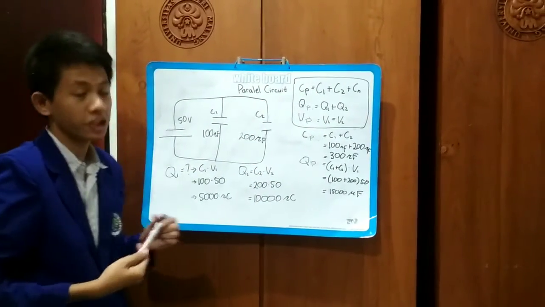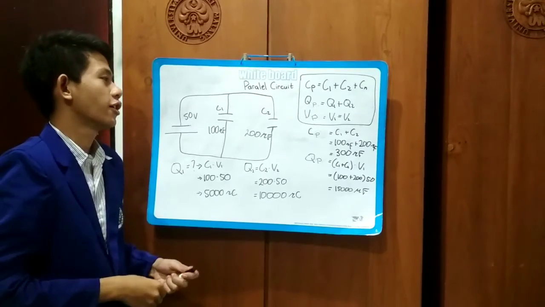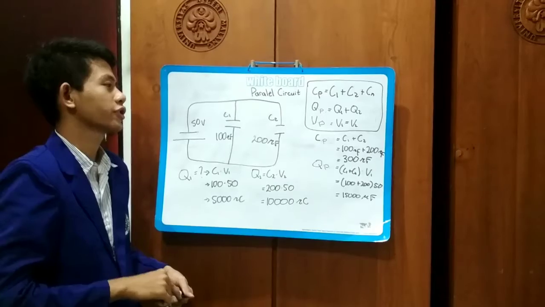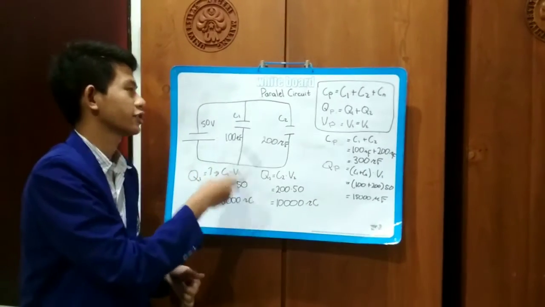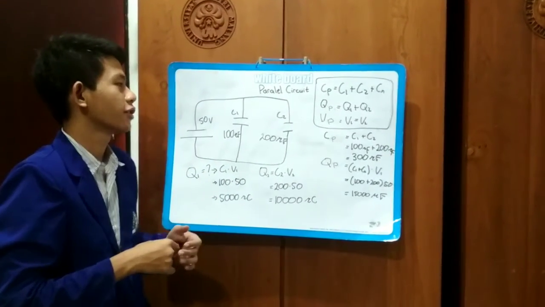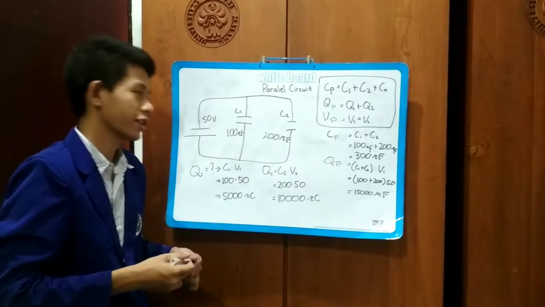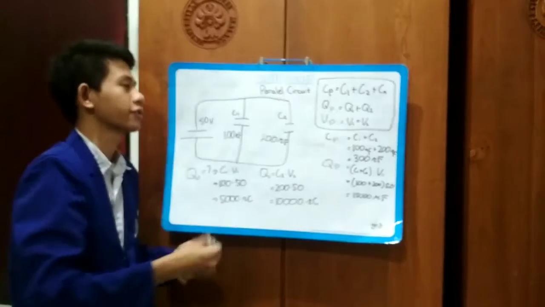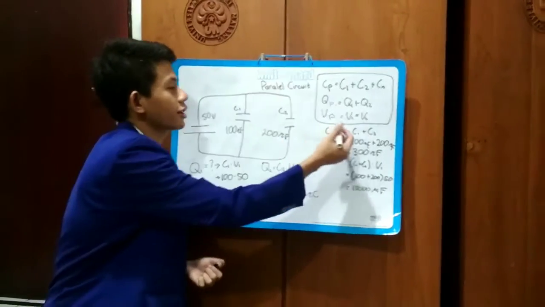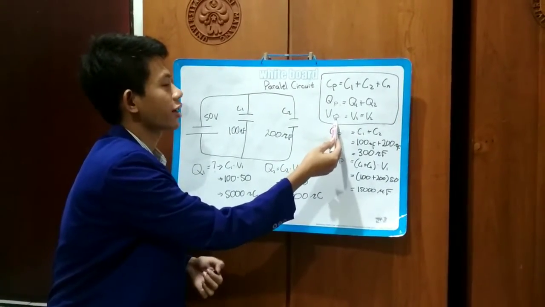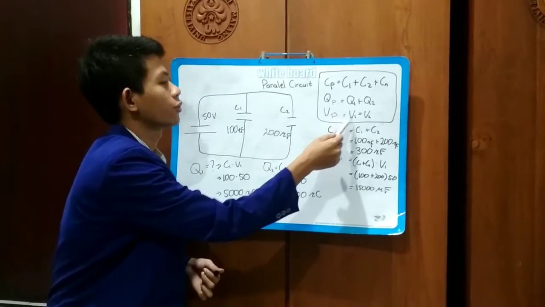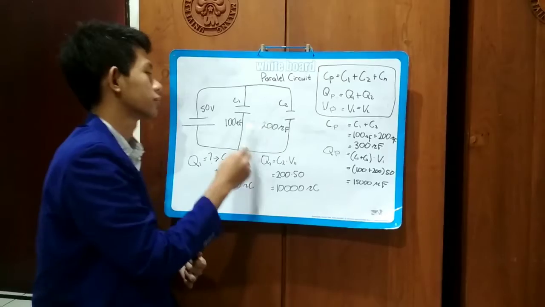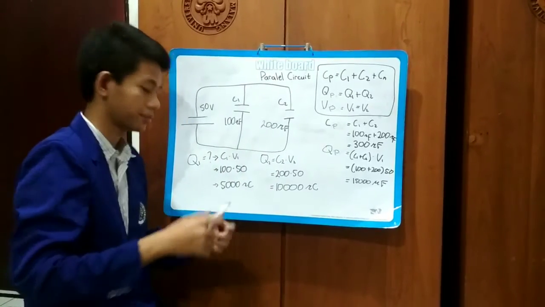Then the third question is how much the voltage in parallel circuits. The voltage in parallel circuits is the same on each element. So we can write in here voltage in parallel circuits is equal to V1, and V1 is equal to V2. So this is the same.